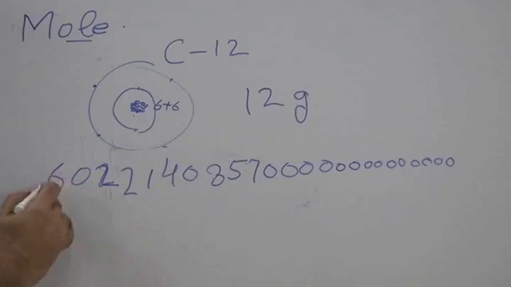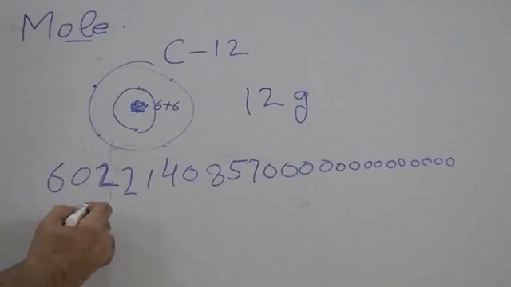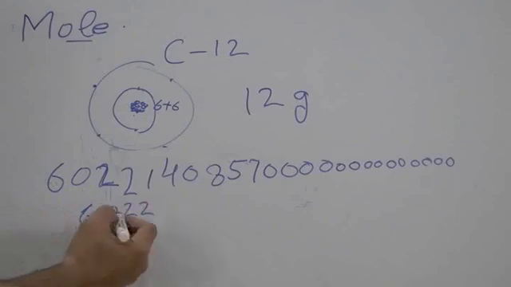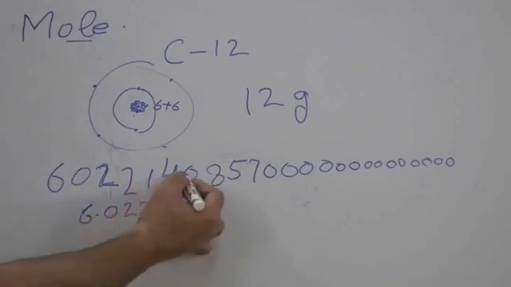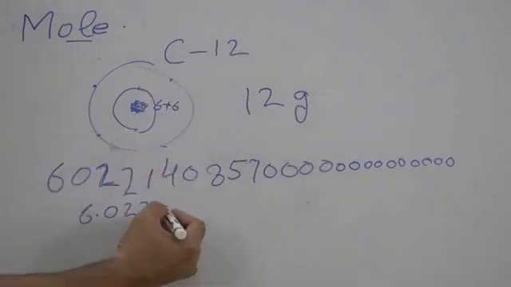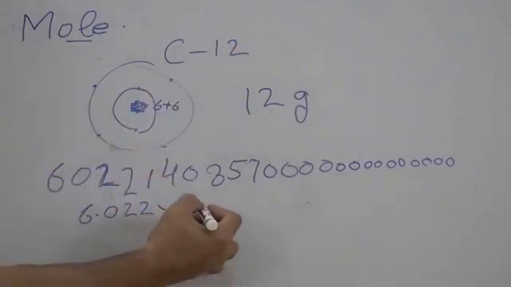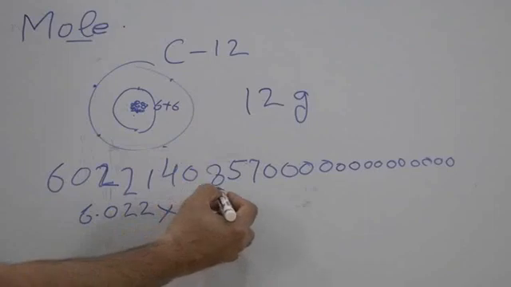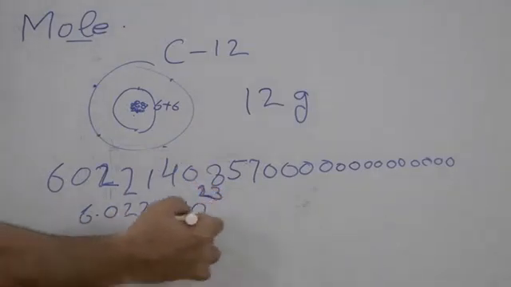We put the decimal just after one digit, meaning 6.022, and after the decimal we usually take 3 digits and ignore the others. That is why we again approximate, that is equal to 6.022 times 10 to the 23, this much number.